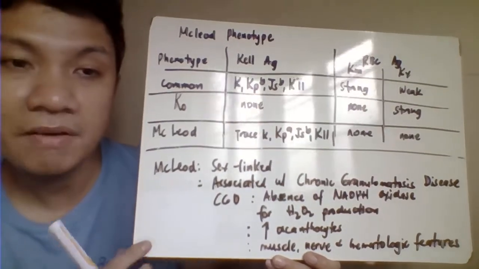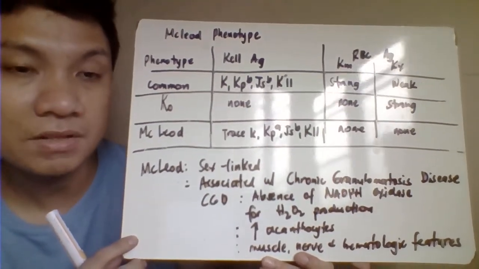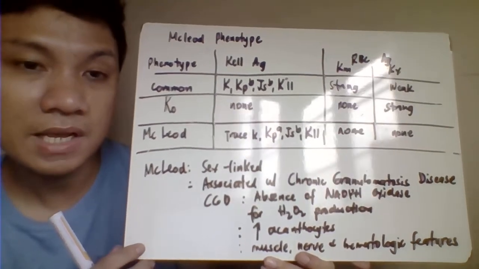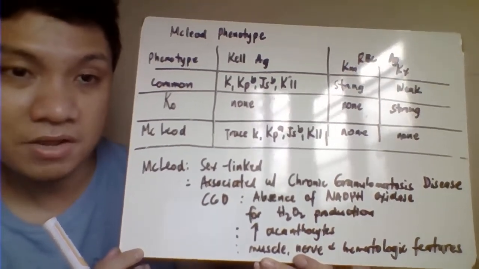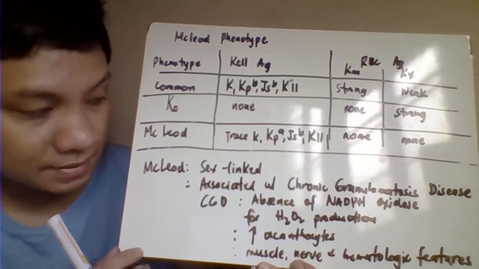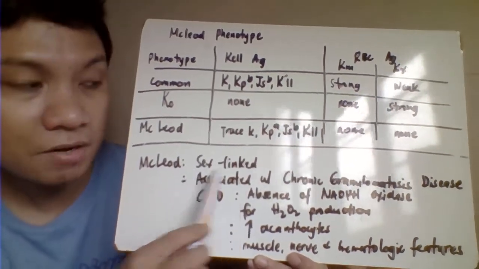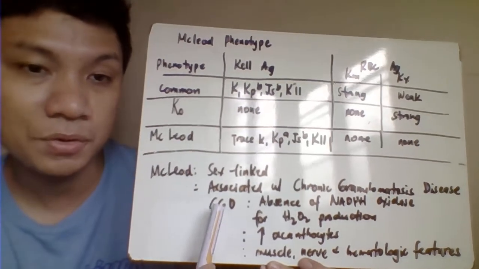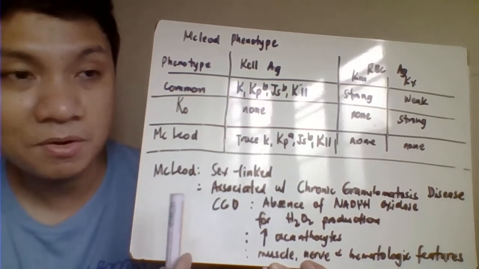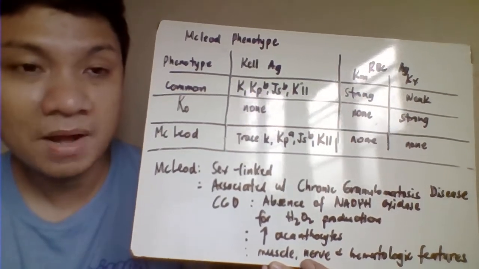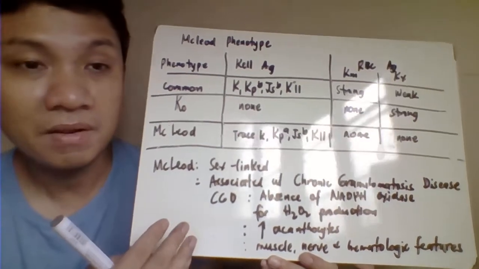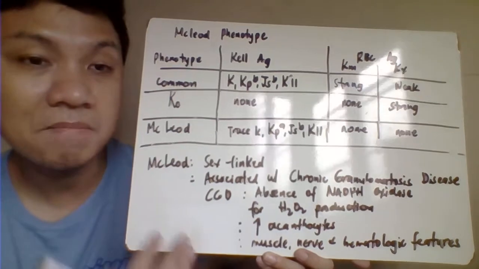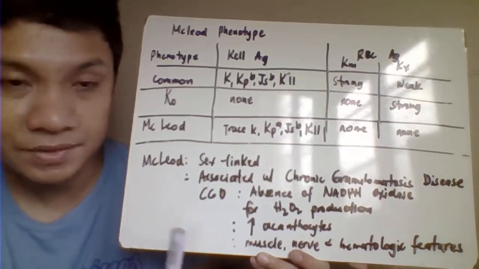Speaking of your McLeod phenotype, it is actually associated with CGD, or chronic granulomatous disease. Chronic granulomatous disease is a sex-linked disorder. When we say sex-linked, the carrier of this gene is the mother and the manifestation of the disease is in the male patient.